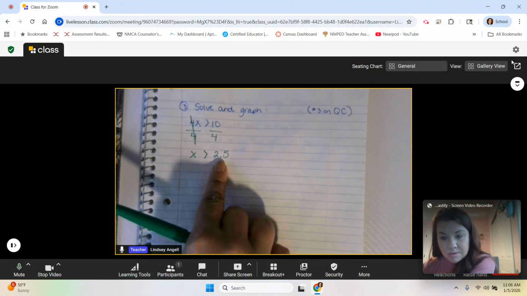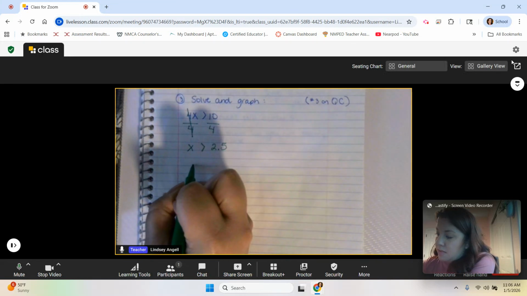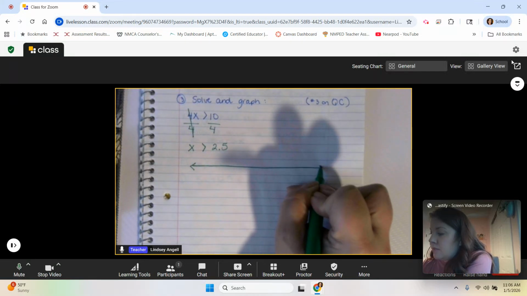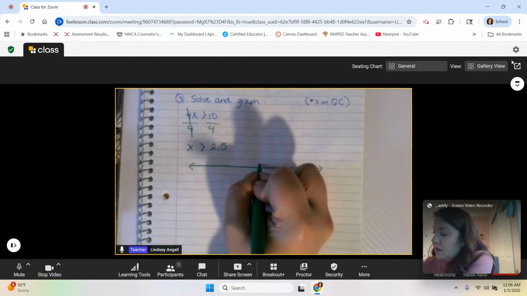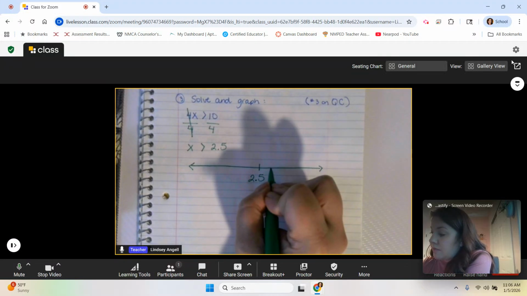So I know that I need the 2.5 on my number line. I have a tendency to just, whatever this number is, put it in the middle of my number line. You don't have to do that. It's fine as long as it's somewhere on there.